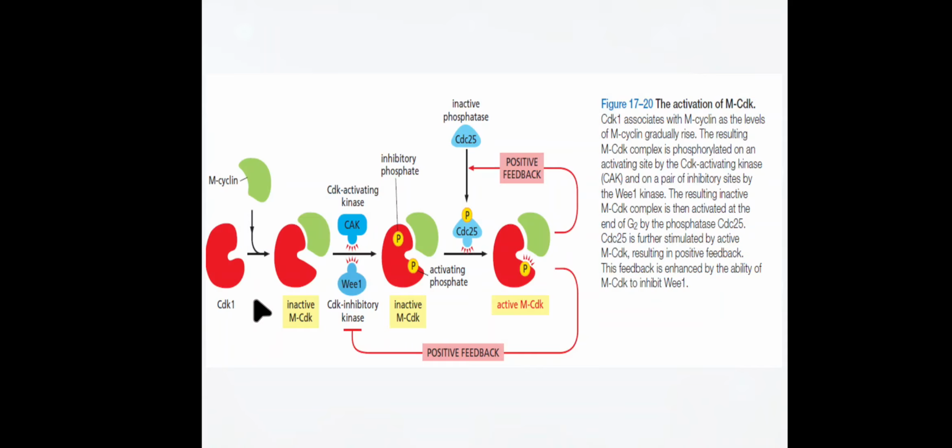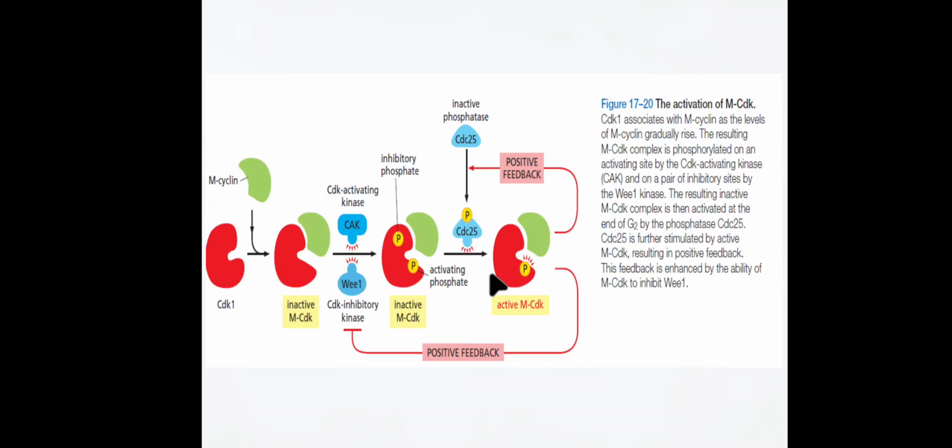Or we can explain it like this: CDK1 is inactive when M-cyclin comes in and binds. It is partially active. It is lacking a phosphate, so the activating phosphate also comes in and binds, still keeping it in an inactive state, where with the help of V1 the inhibitory phosphate is added.